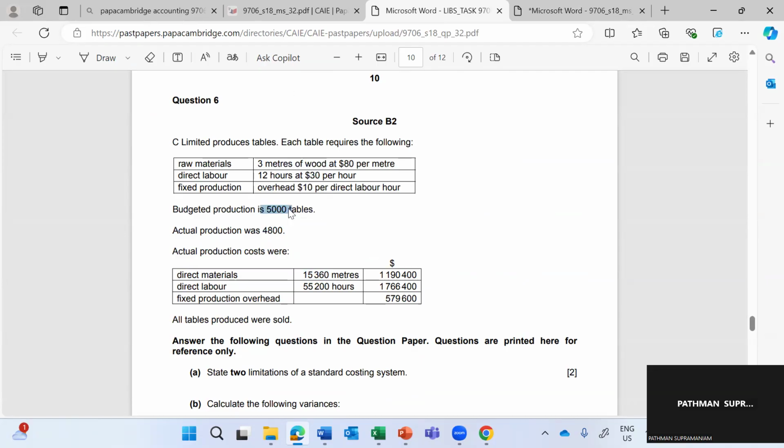Remember, the budgeted units must always be the same as actual. So to make 1 unit, we require 3 meters. So to make 4,800 units, we require 3 times 4,800, which is 14,400.